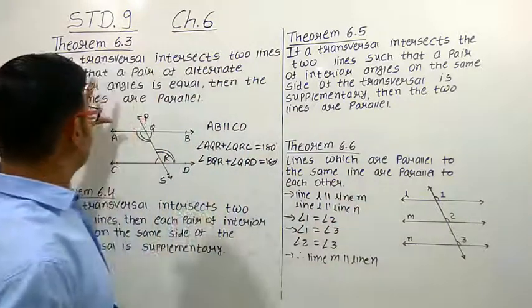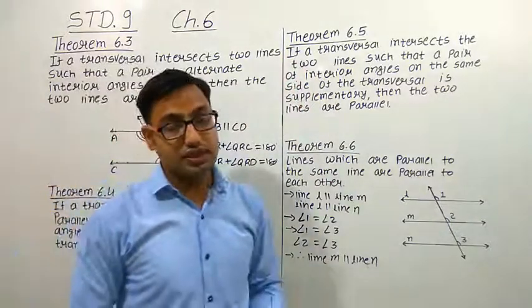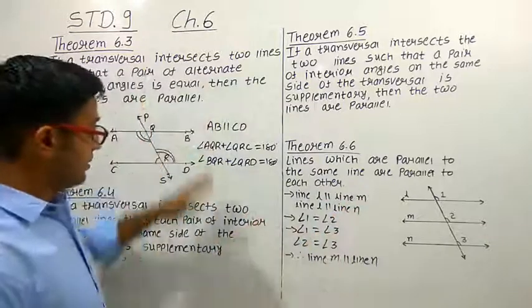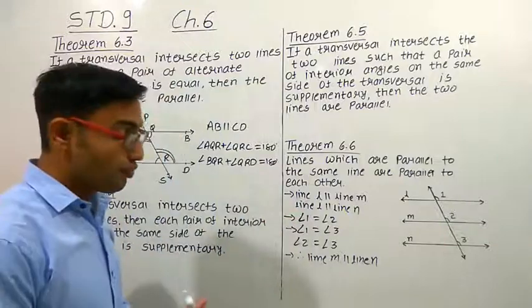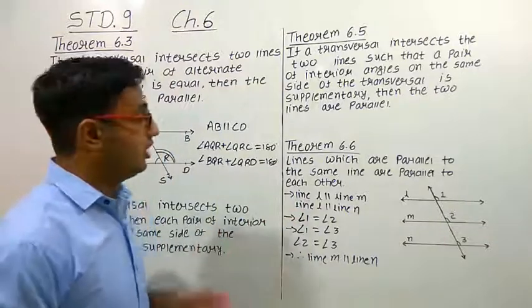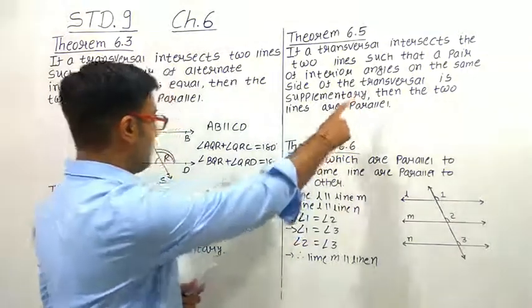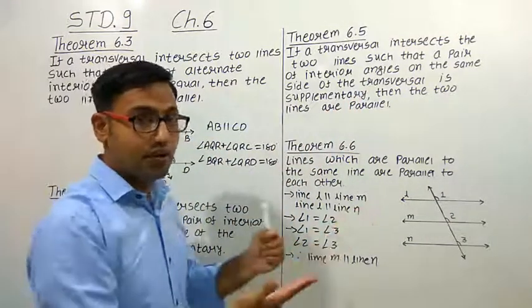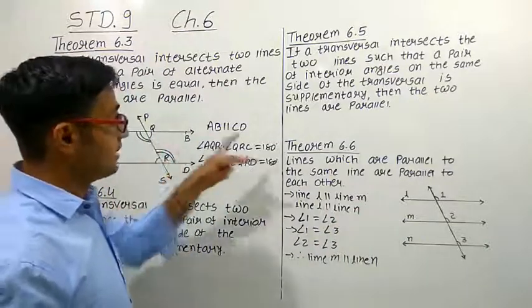All the theorems 6.3, 6.4, 6.5 and 6.6 are very important. Whenever we have to prove that two lines are parallel, we can use theorem 6.5: we have to show that the interior angles on the same side of a transversal are supplementary, then the lines are parallel.